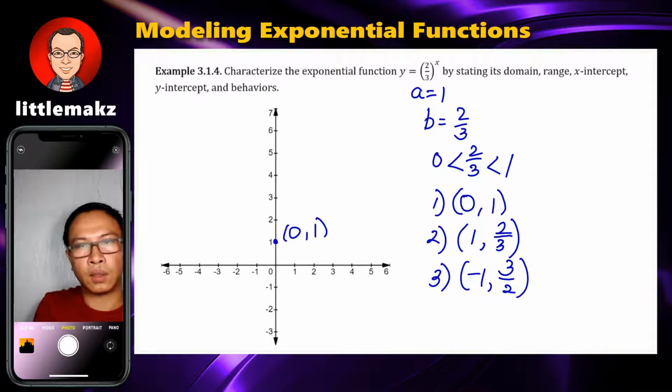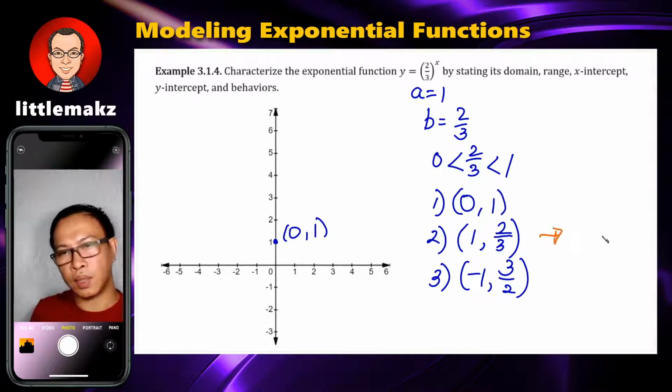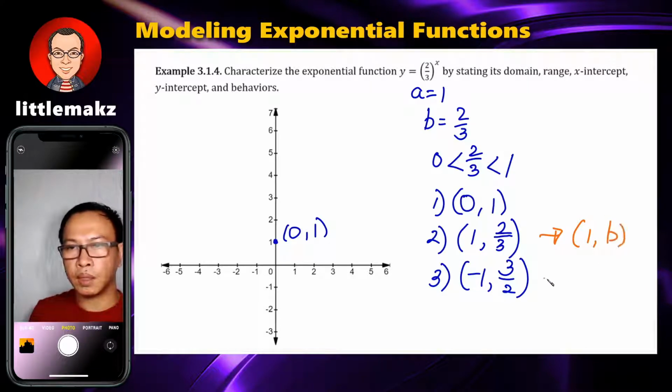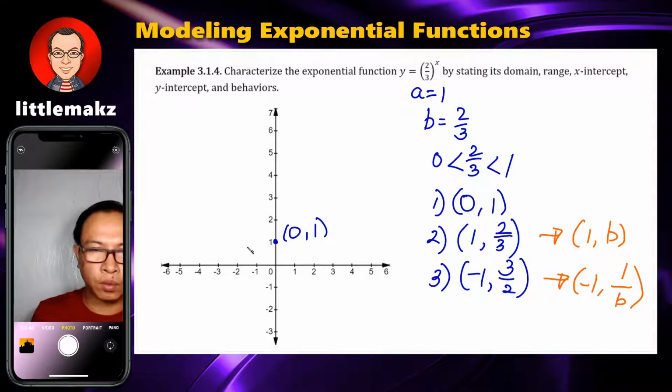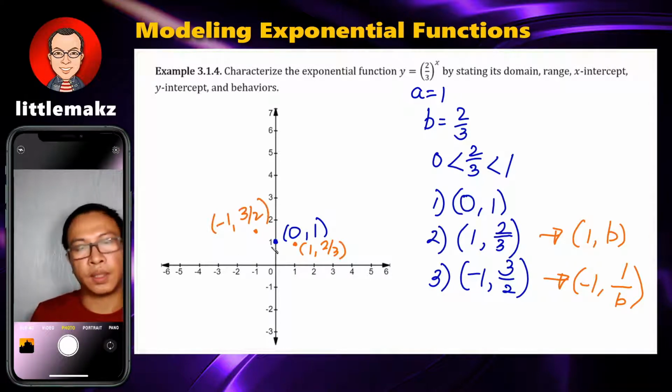And take note that this is simply your b, and this is your -1 in the reciprocal 1/b in that case. We try to plot these points now. We could see them here and here. So this is your 1 and 2/3, and this is our -1, and this is our 3/2.